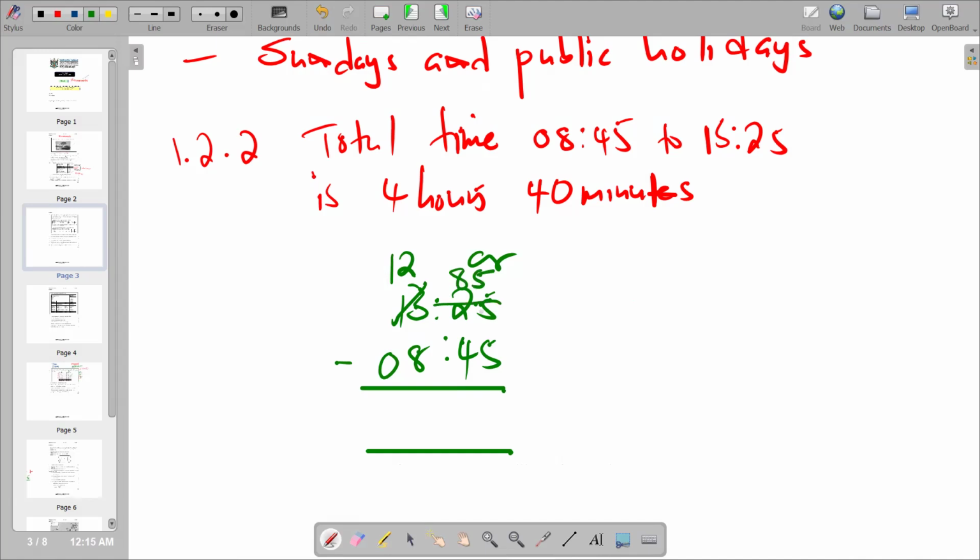Then 85 minus 45 gives you 40. Then 12 minus 8 gives you 4. So it is equal to 4 hours, 40 minutes. This is an alternative calculation that you can also do.